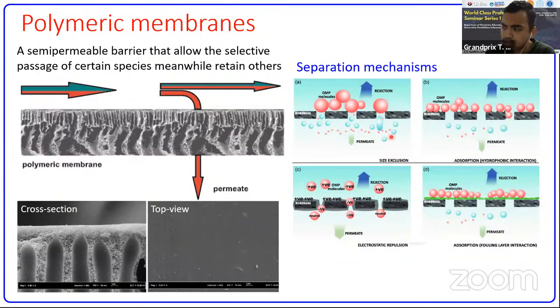It could also be based on adsorption, which we could classify into subclasses: the hydrophobic interaction and the fouling layer interaction. But I would say among these 4 mechanisms, size exclusion and electrostatic repulsion would be the main mechanisms in the separation within the membrane.